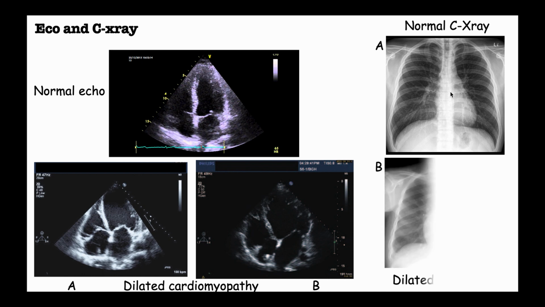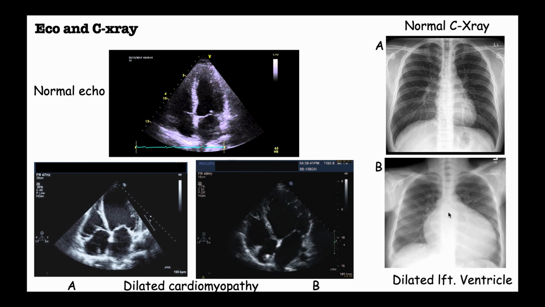When we compare this to the B, the moment you see this diagram, the first thing that comes to your mind is there is cardiomegaly. So as you can see, the heart is abnormally enlarged. It is ballooned out and it has become thin, as you can see in this diagram.